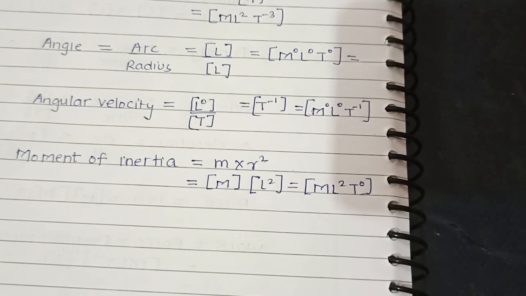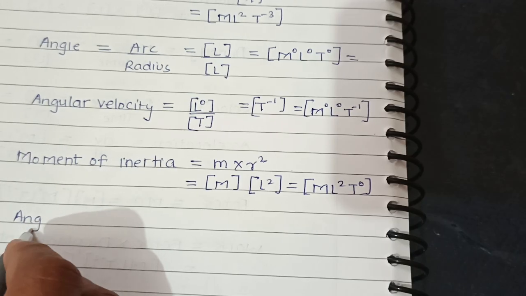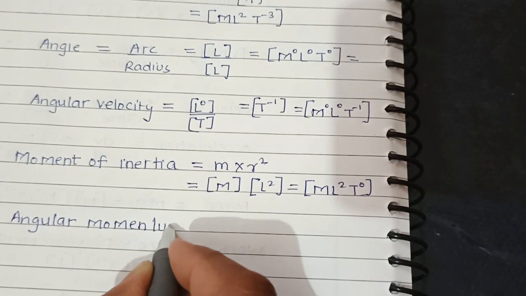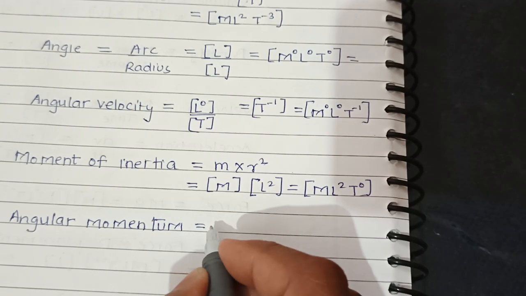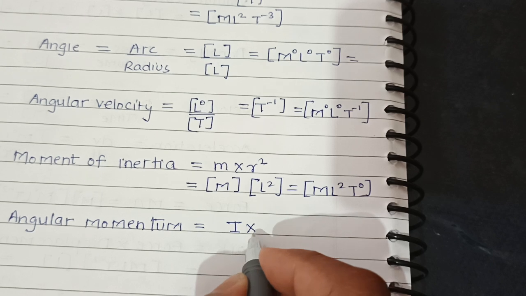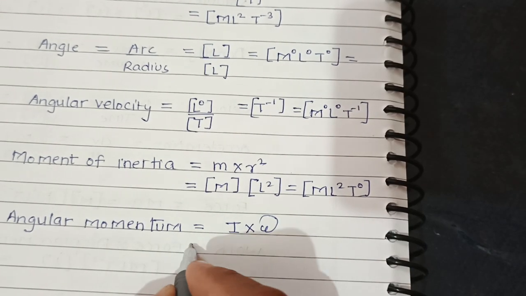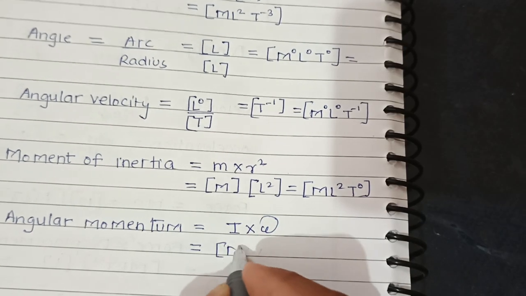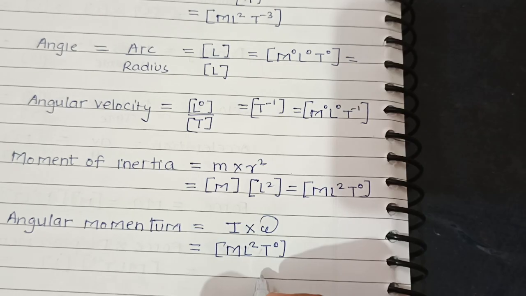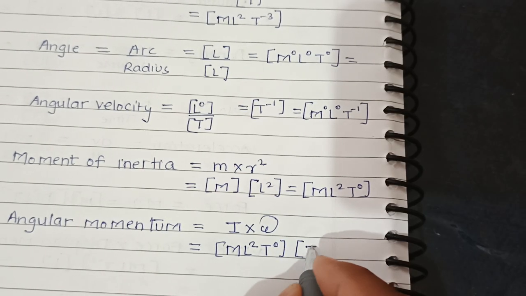Okay, now next, angular momentum. Angular momentum is equal to I into omega, angular velocity. So I is M L square T to the power 0 and omega is T to the power minus 1.